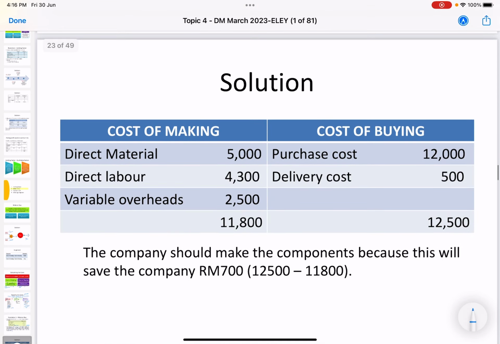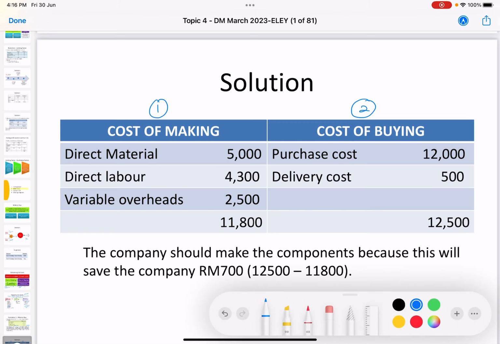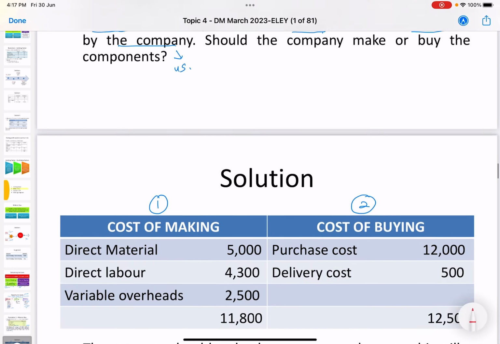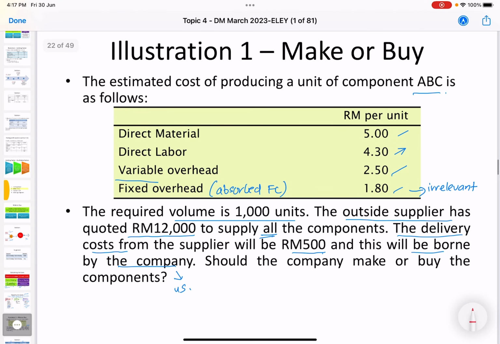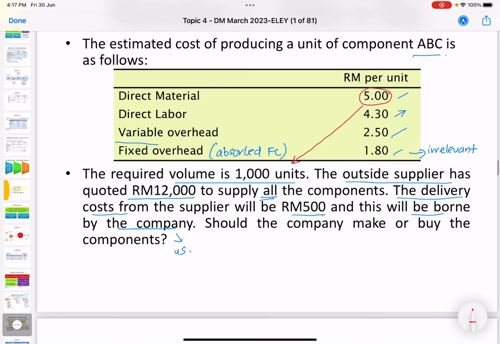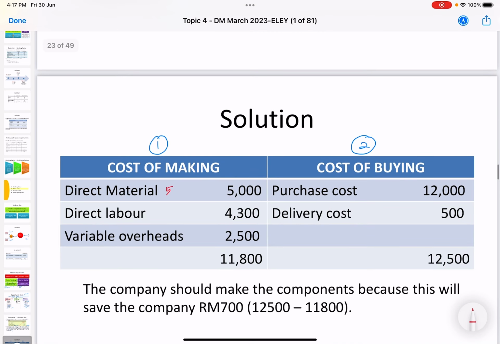So the solution is, number 1, calculate the cost of making. Number 2, calculate the cost of buying. In calculating the cost of making, we have direct material 5,000. How do we get 5,000? Because per unit is 5 ringgit, so 5 times 1,000 units will be 5,000 ringgit.